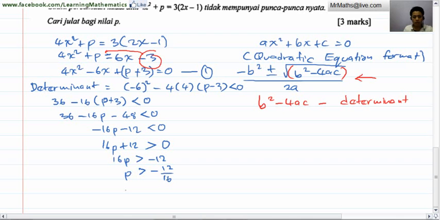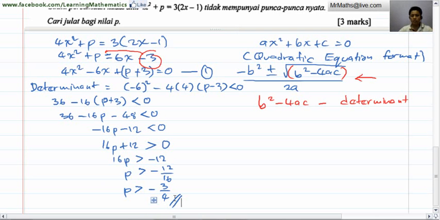Can we simplify 12 over 16? Yes, p is greater than minus 3 over 4. So that is the answer to the question. Cool. Let's move on to the next question.